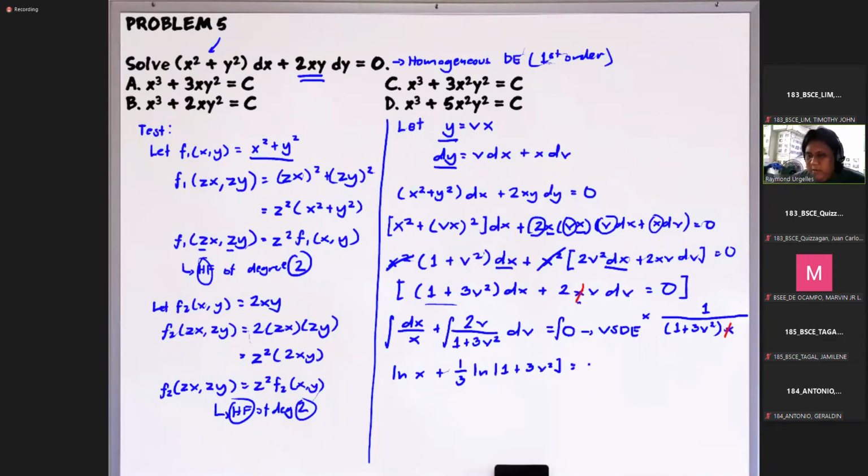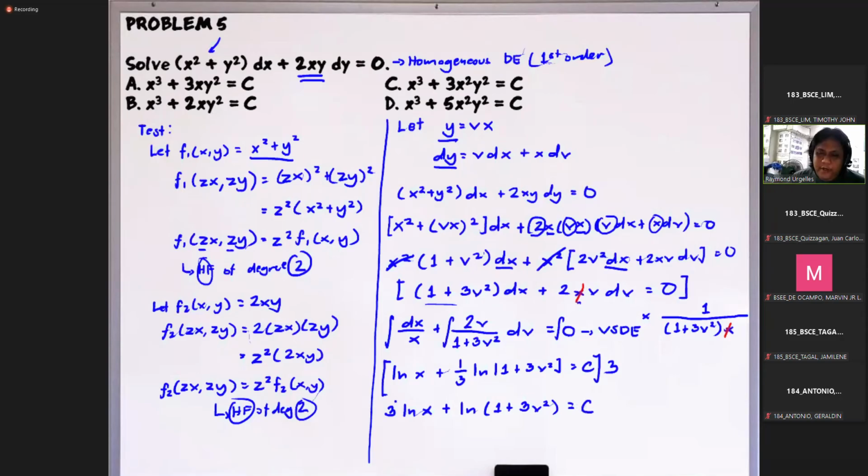Okay, so then this is equal to, so we have a constant. Okay? So then we can multiply this whole equation by 3, para mag-cancel yung 1/3. So you will get 3 ln x plus ln of 1 plus 3v squared is equal to, so again, 3 times a constant is just another constant. So kaya babalik lang siya sa constant. Diba?